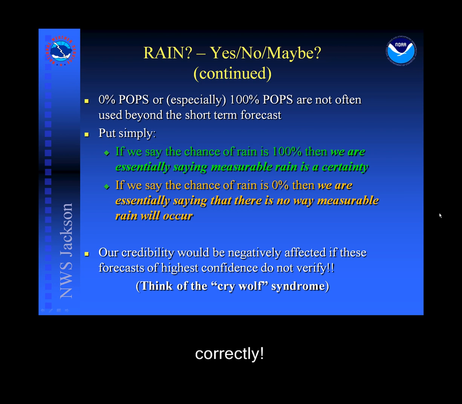If we say for a given point and for a given 12-hour period the chance of rain is 0%, we are essentially saying that there is no way measurable rain will occur. Our credibility would be negatively affected if these forecasts of highest confidence do not verify. Think of the cry wolf syndrome.